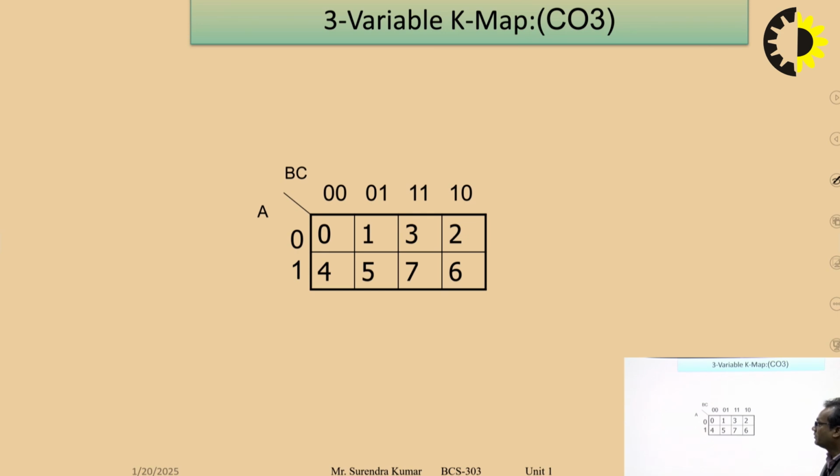If we go for a 3 variable K-map, we have 3 variables, so 2 raised to the power 3 cells, that is 8 cells. We have designed these 8 cells in this way. The A variable is on this side and the 2 variables B, C are horizontally on this side.